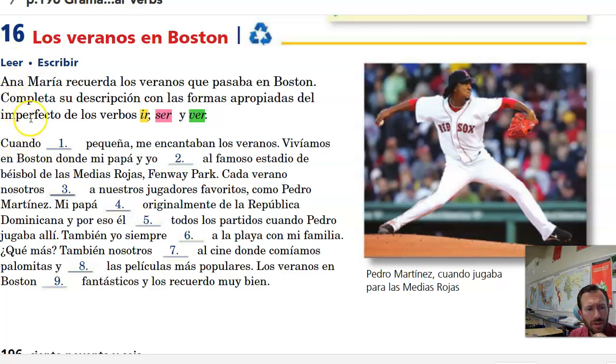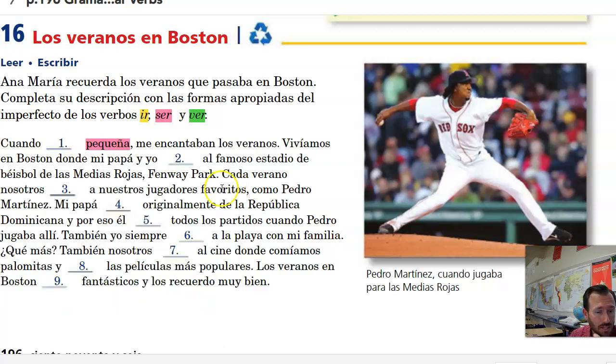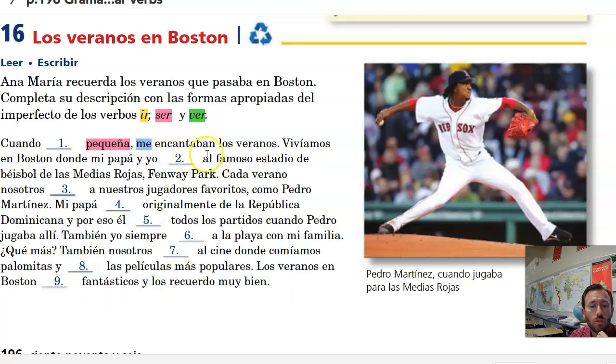So for number 1, the verb that's going to be used is the verb ser, because pequeña means small or little. That's an adjective. And we know that for number 1, we're going to be speaking in the yo form because of me encantaban. I used to love the summers. That's what she's saying here.